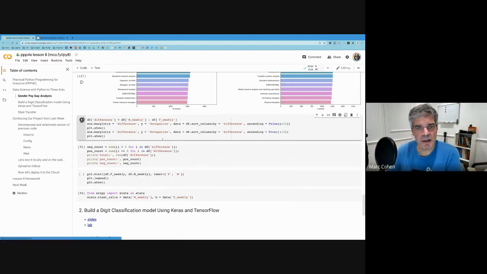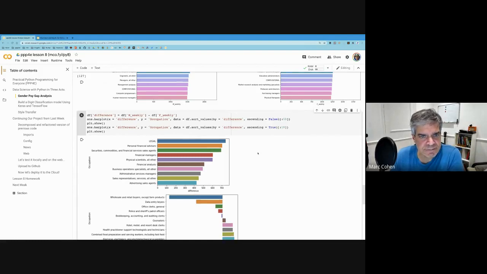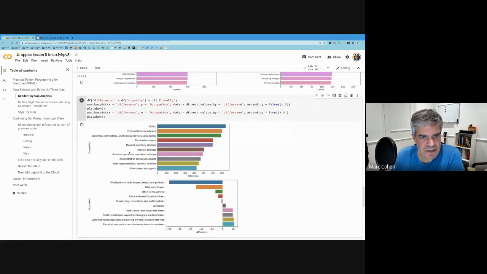So let's look at that. And we see now the top one. So the top one is the occupations with the biggest difference. So this is male minus female. So a positive difference means the average man in this data set is making more than the average woman in that same occupation.